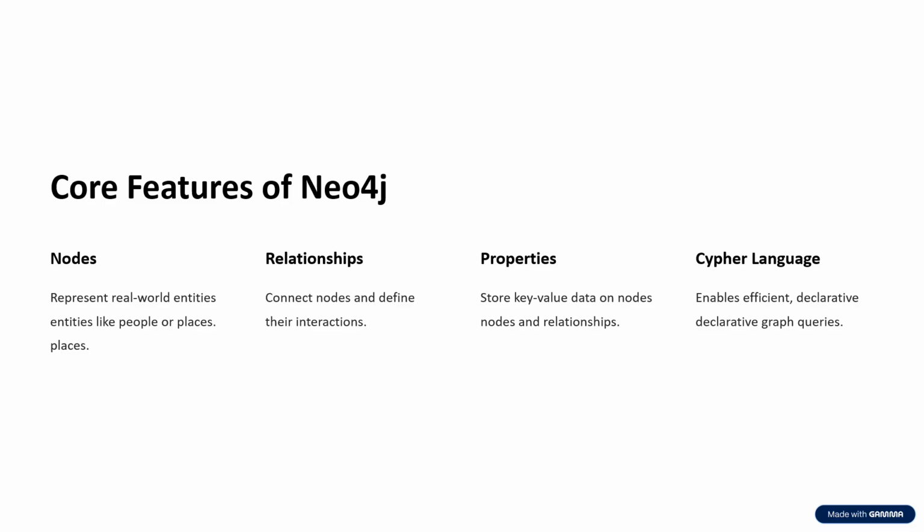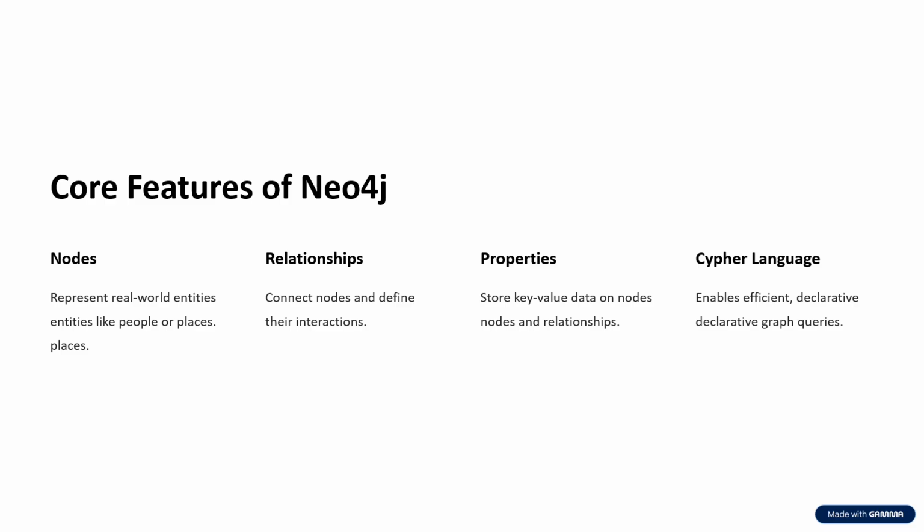And a relationship connects nodes and defines their relationship. Means suppose there are two persons and the relationship between them is friendship, so it describes the relationship between the two persons.